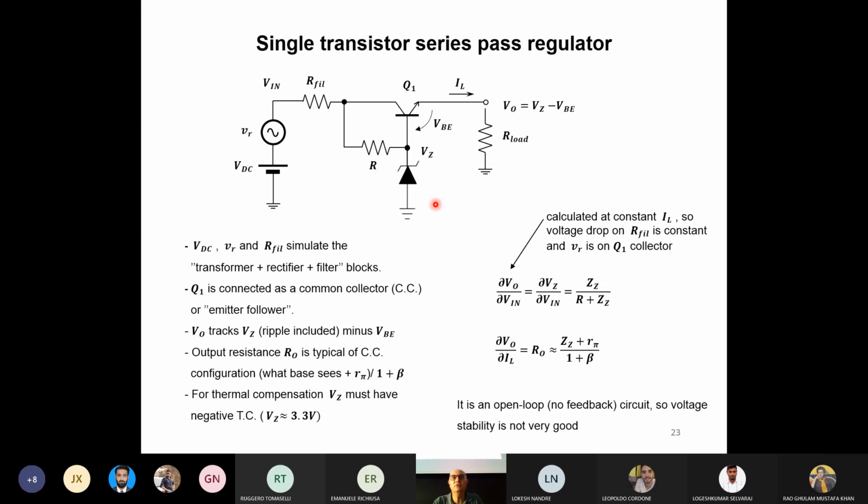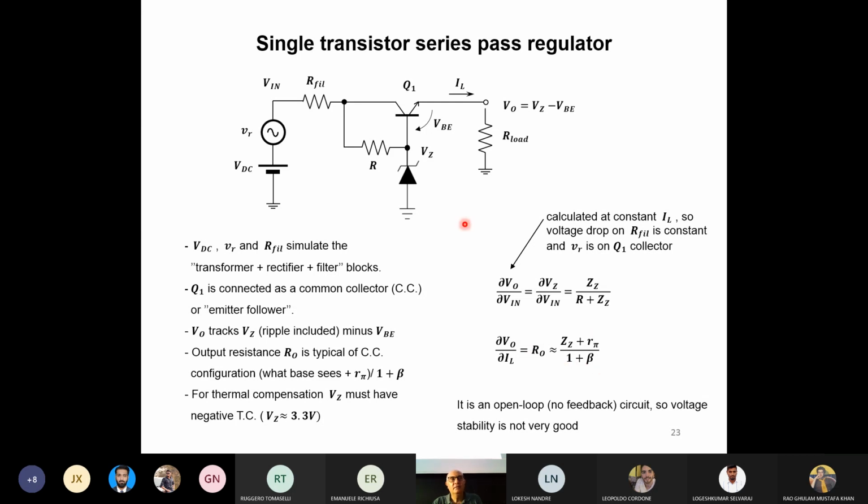The formula is the same because all the variation of the Zener diode voltage will be on the output. I didn't calculate it again, it's just the same. About the voltage variation depending on the current variation, it is what I told you: the output resistance of this Q1, this formula here. So the internal base resistance plus the resistance between base and ground, divided by beta.